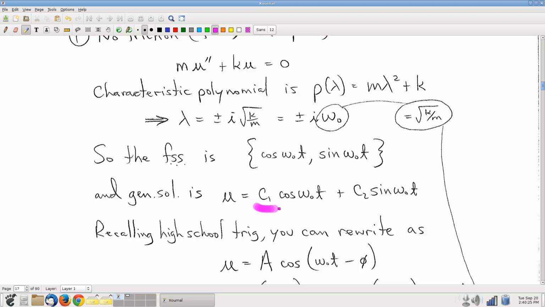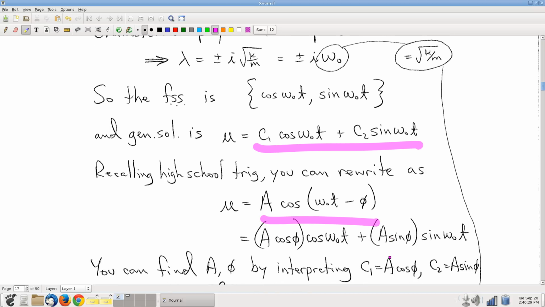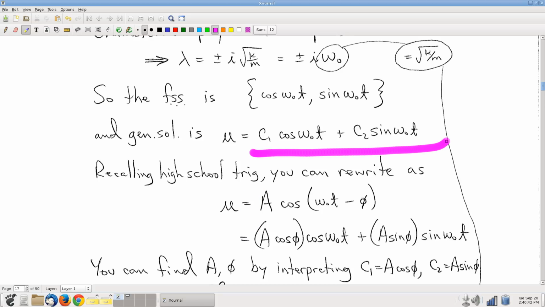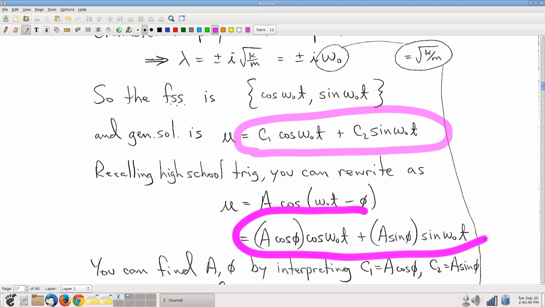The fact there is a minus phi here, how that makes a phase shift on this cosine wave. Not immediately obvious that everything of this form can be put into this form, but it's easy to check by simply expanding the angle addition formula for cosine, and thus rewriting this as this. And now notice we're trying to show that everything of this form can take this form.